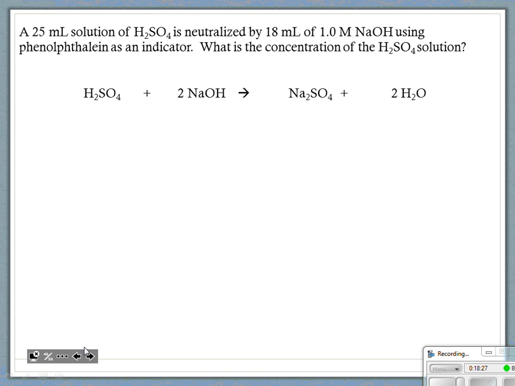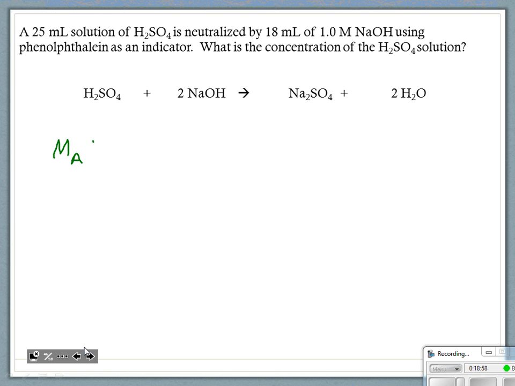There is our balanced chemical equation for sulfuric acid reacting with sodium hydroxide. Now that I have that, I have all the material that I need to calculate the concentration of the acid.